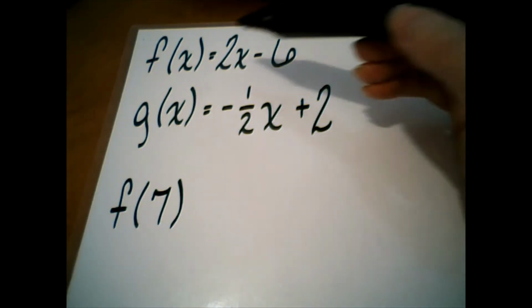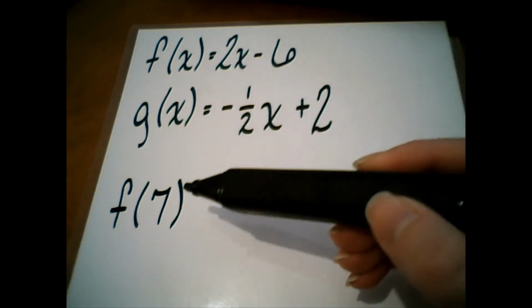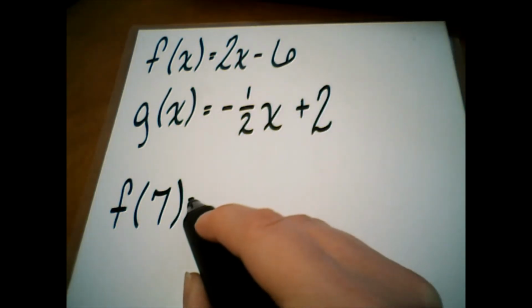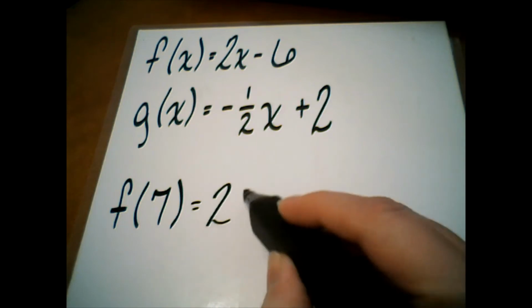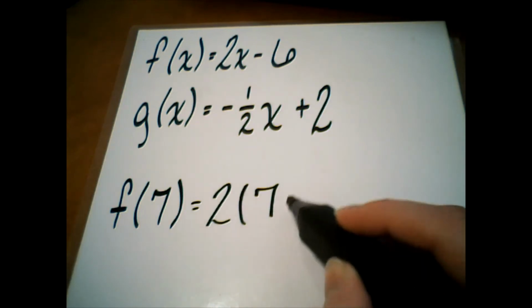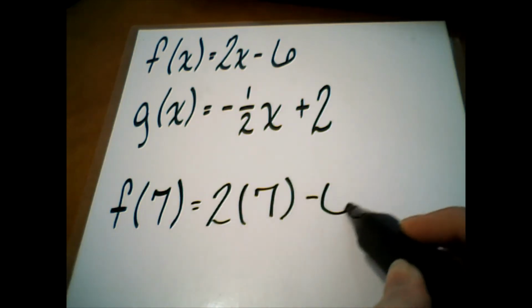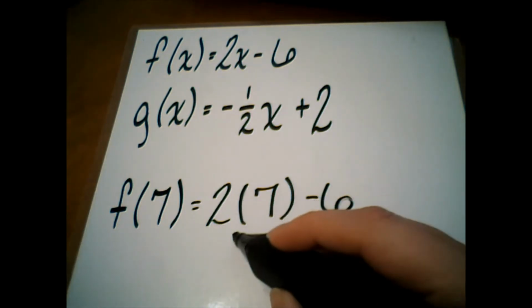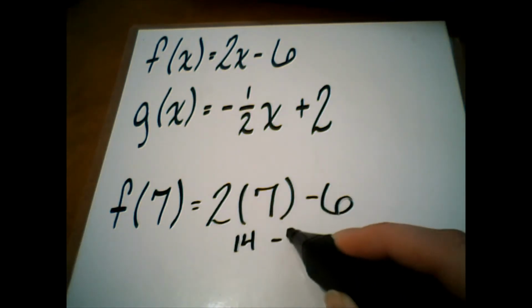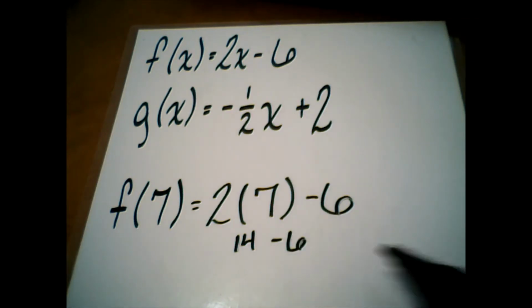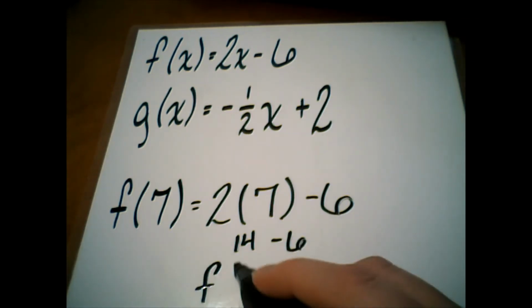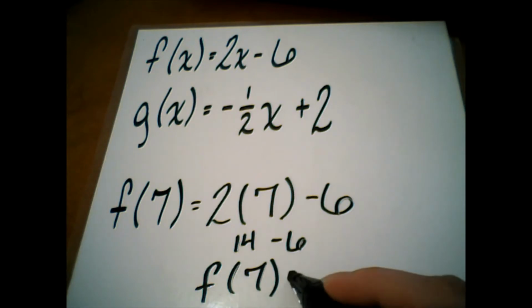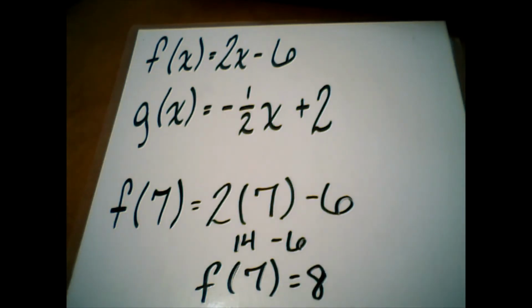We have 2 times x minus 6, so f of 7 is going to be equal to 2 times 7 minus 6. Function notation shows us the input. So 2 times 7 is 14, 14 minus 6 is 8, so f of 7 is 8.